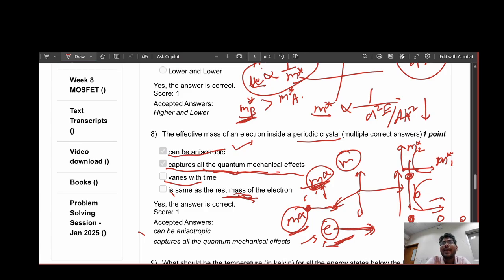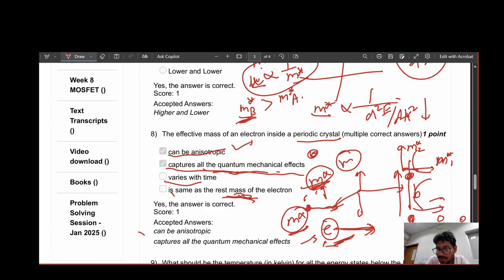No, varying with time in the sense that if it is at a location, it cannot vary with time for that material at that location. We are not changing the material or anything. It is in the same material.